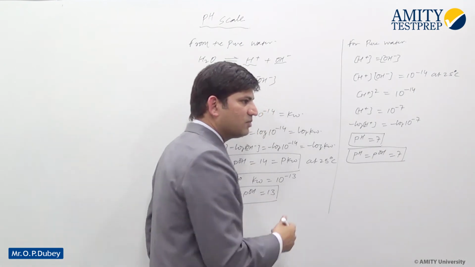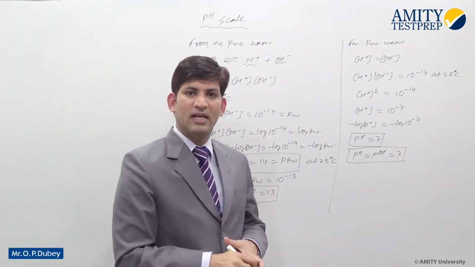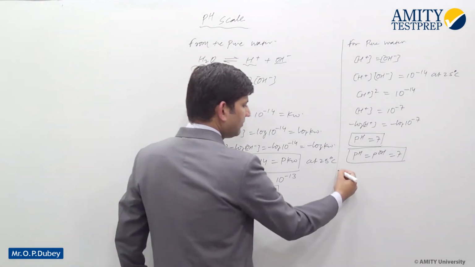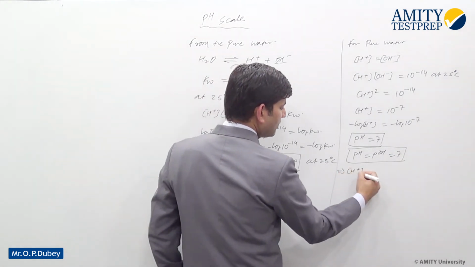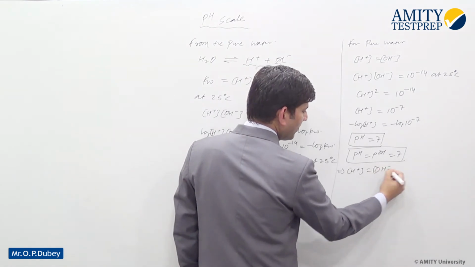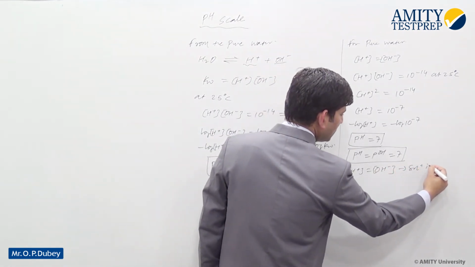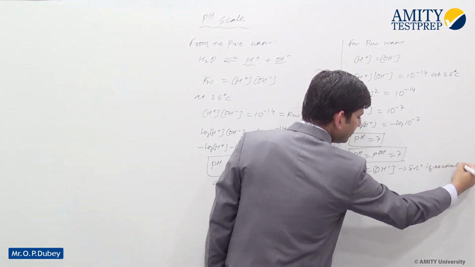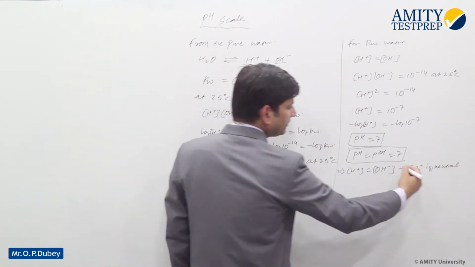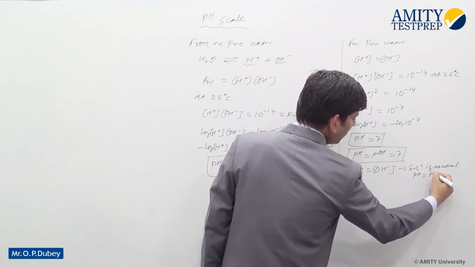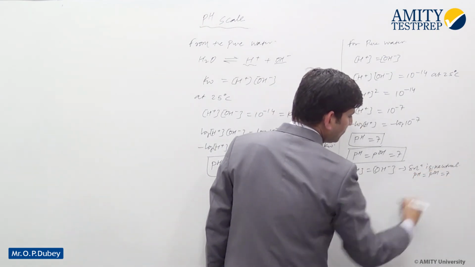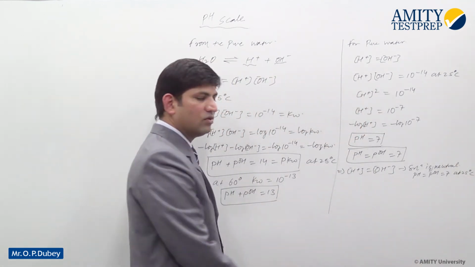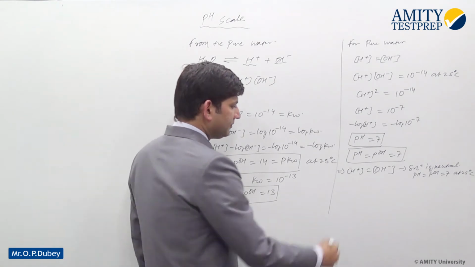That means the H plus ion concentration and the OH minus ion concentration are equal, and if the H plus ion concentration is equal to the OH minus ion concentration, the solution is neutral. That is, if pH is equal to pOH, and that is equal to 7 at 25 degrees C. These all calculations are carried out at the 25 degrees C.